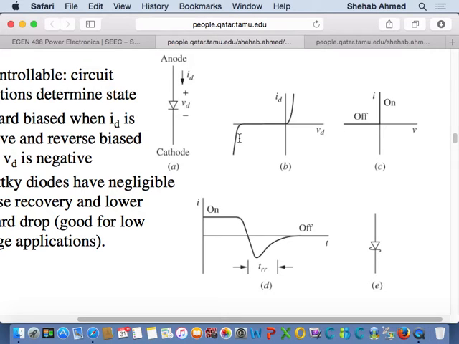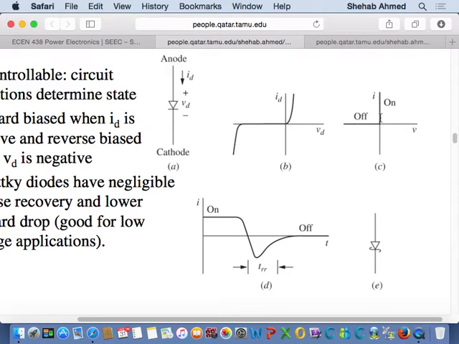We will transition this into an ideal characteristic, meaning the ideal switch concept that we talked about before. This concept says, if this forward voltage is very, very small, then just forget about it and draw the characteristic of the diode like this. When the circuit forces current to turn on, the diode will conduct current.